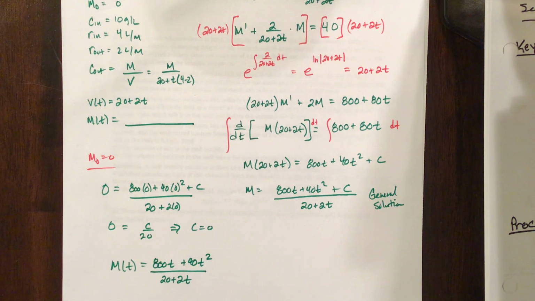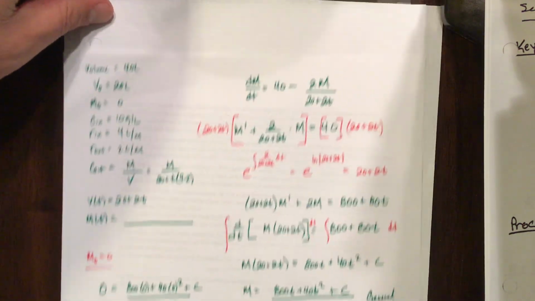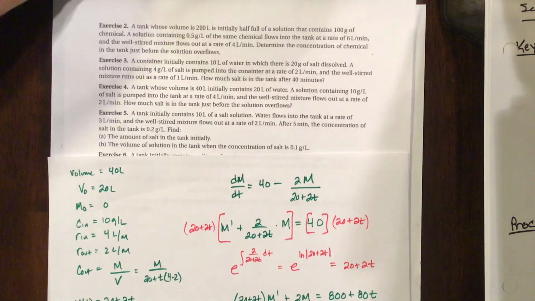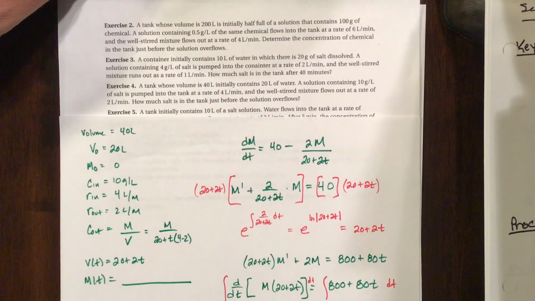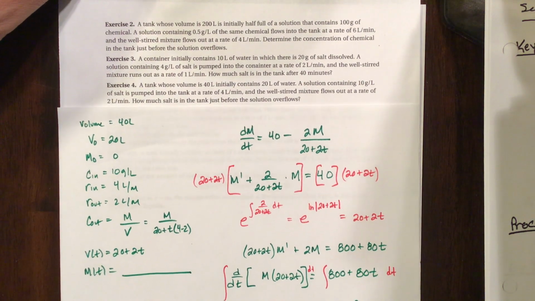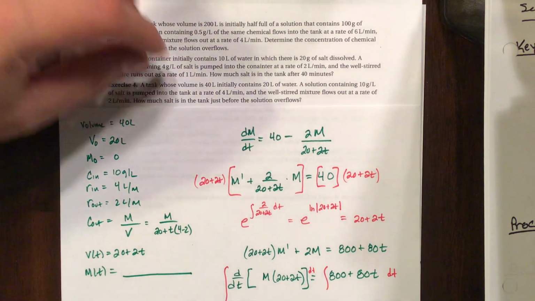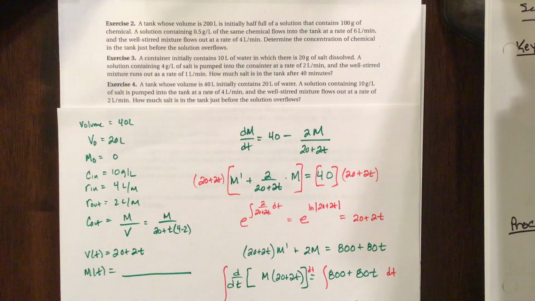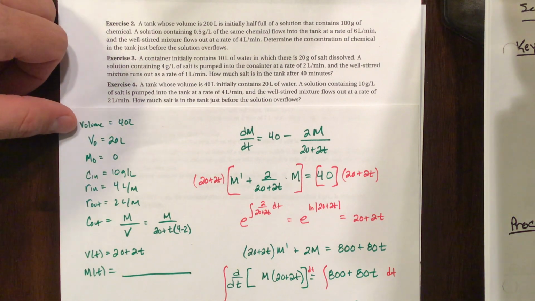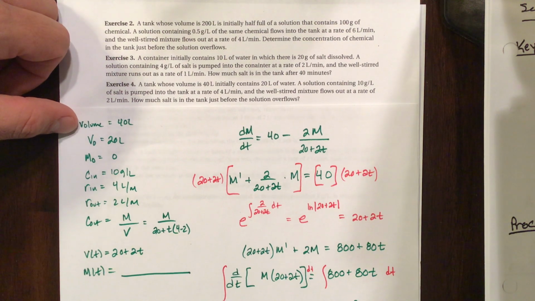Now, what did the problem ask us? Let's go back here. How much salt is in the tank just before the solution overflows? So when is the solution going to overflow? Well, the solution will overflow when the volume is 40. So when will the volume be 40? I don't know.